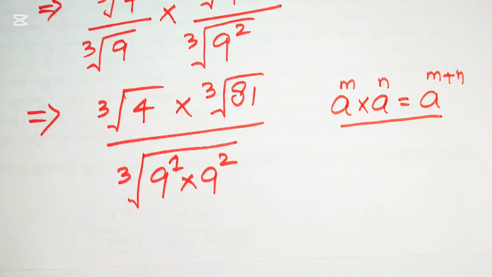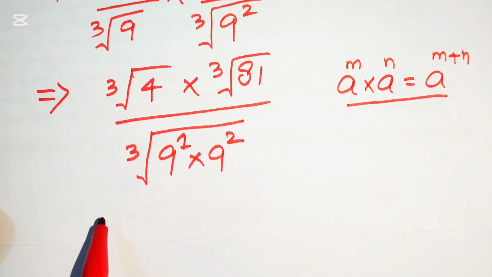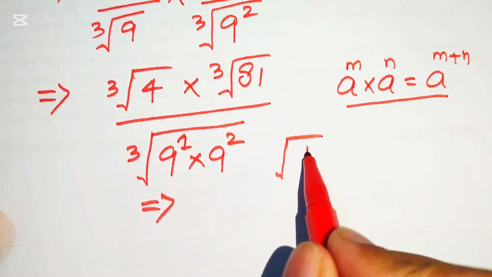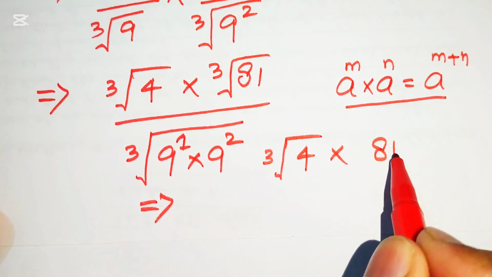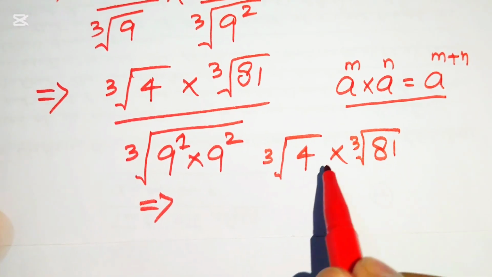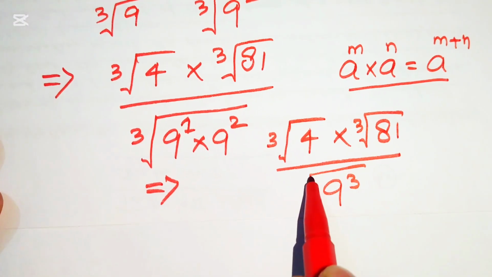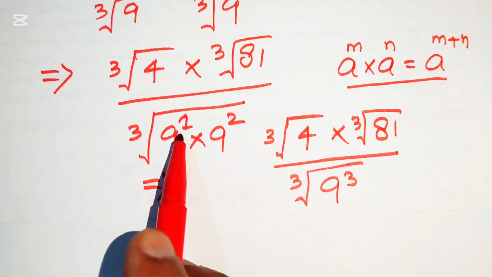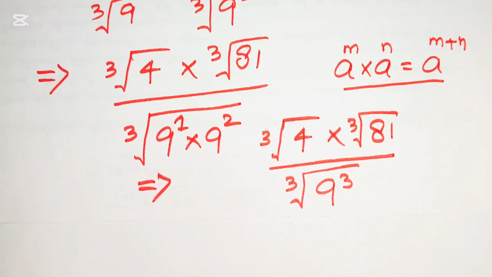So we use this nice property of exponents in the denominator, and our denominator is written as the cube root of 9 cubed. The numerator is the cube root of 4 multiplied by the cube root of 81, because we have 1 plus 2, and 1 plus 2 becomes 3.